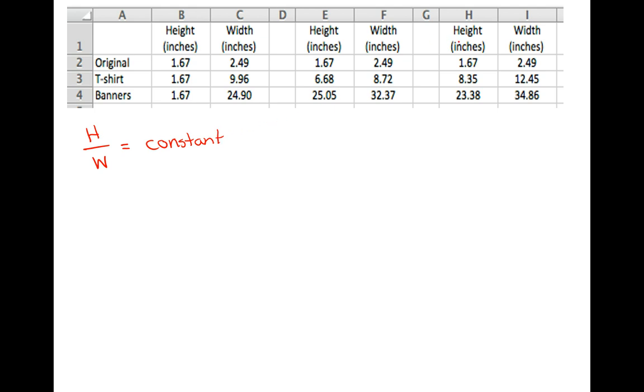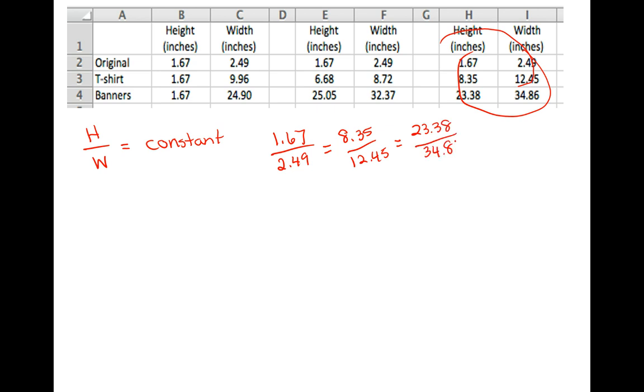So if you look at these last two columns, 1.67 over 2.49 is equal to 8.35 over 12.45, which is equal to 23.38 over 34.86. We just have a constant height to width.